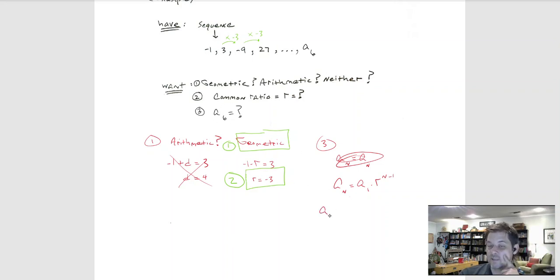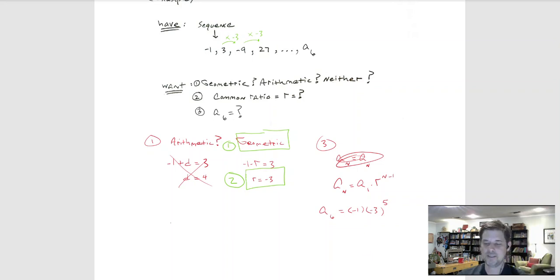So if I wanted the sixth term, I would let n be 6 in this formula. You would say A_6, the sixth term, is A_1, which is negative 1, times r, which is negative 3, to the fifth power. The power is n minus 1. In my case, I'm letting n be 6 to find the sixth term. So 6 minus 1 would be 5, okay?